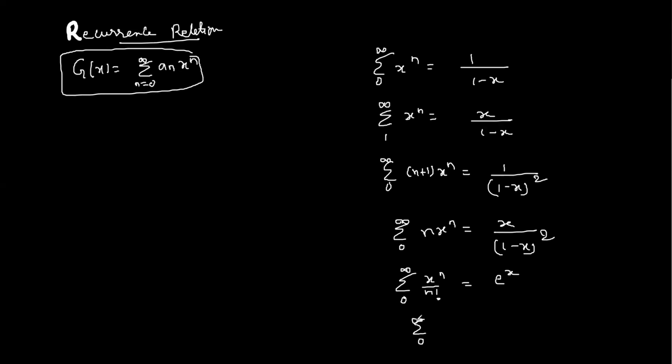From 0 to infinity, (minus 1) raised to n x raised to n is 1 upon 1 plus x. Minus 1 means alternate signs are changed.